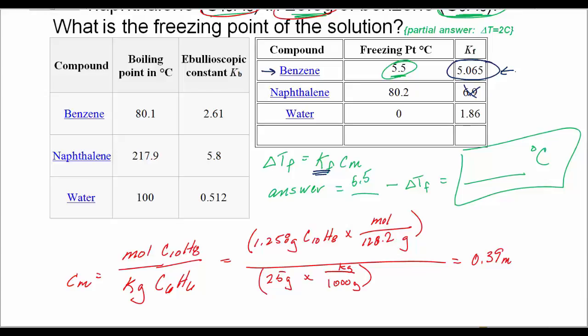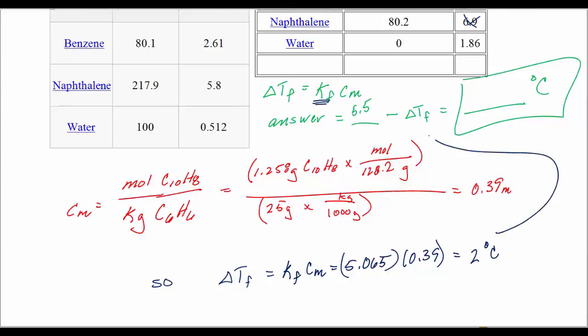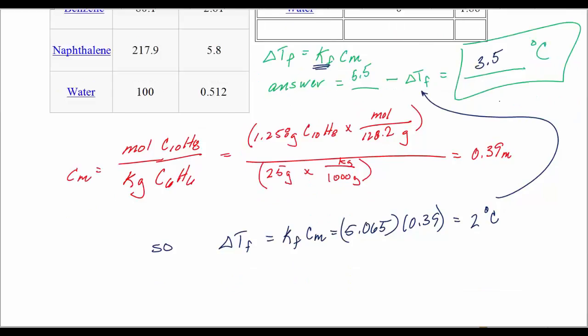It has to be for the solvent. 5.065 is my KF, times my molality. I get about 2. So put that in up here. 5.5 minus 2 is 3.5. So that's my answer. That will be the new freezing point of benzene if I add 1.258 grams of naphthalene to it.